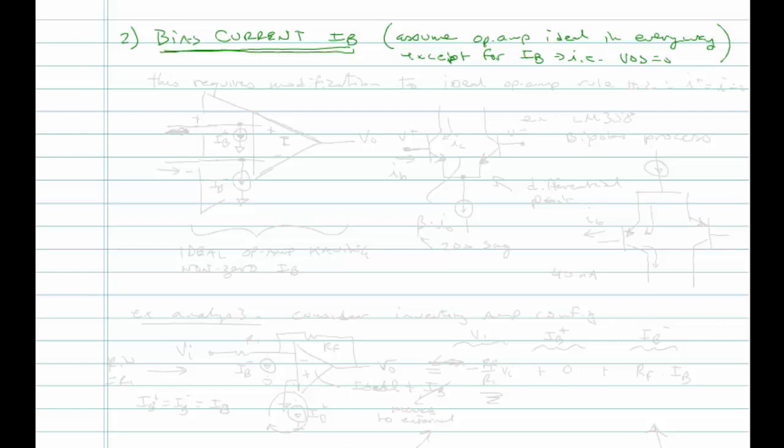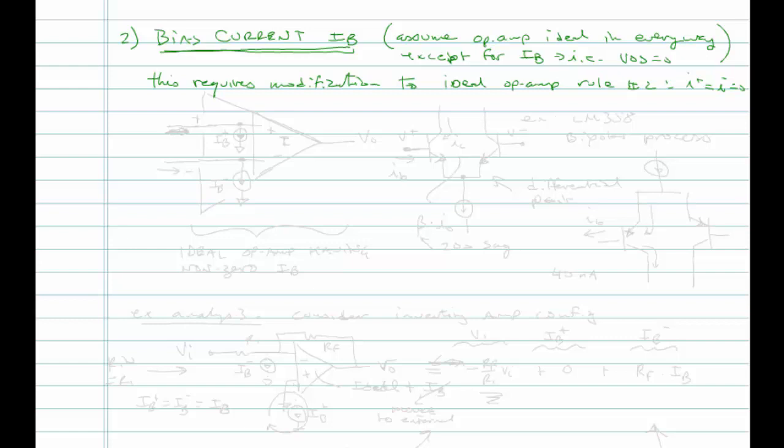Okay, so what this affects requires modification to our ideal op-amp rule number 2, which is that I plus is equal to I minus is equal to 0.